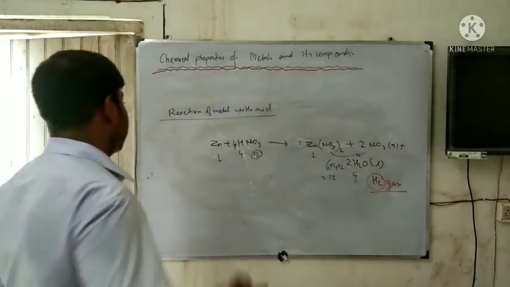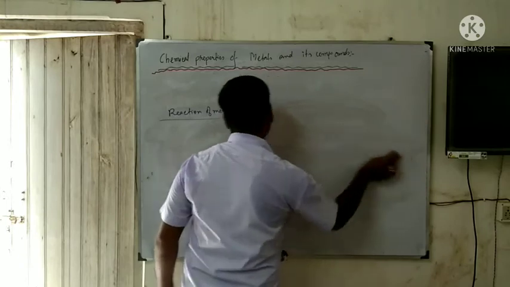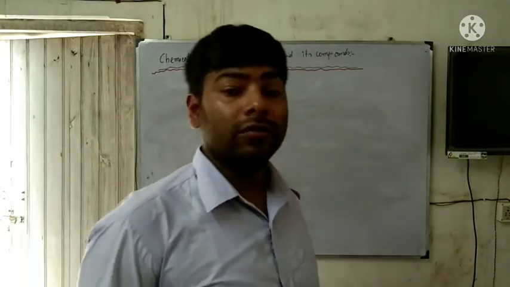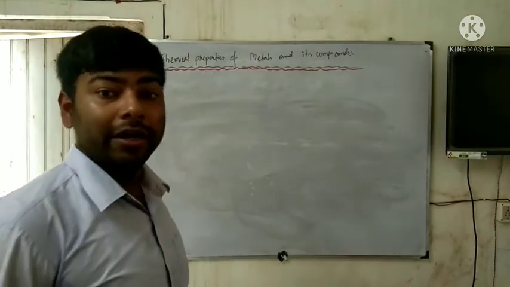Aqua regia is one of the very strong acids, which is formed by mixing hydrochloric acid and nitric acid in a 3:1 ratio.